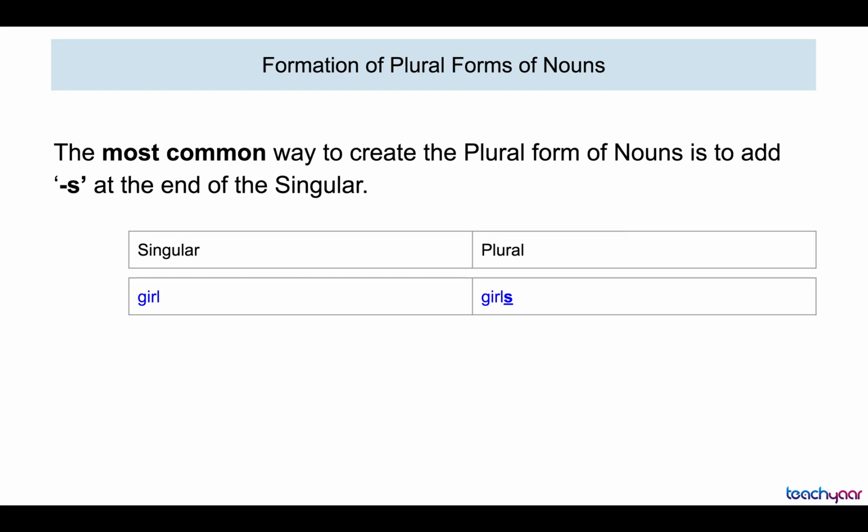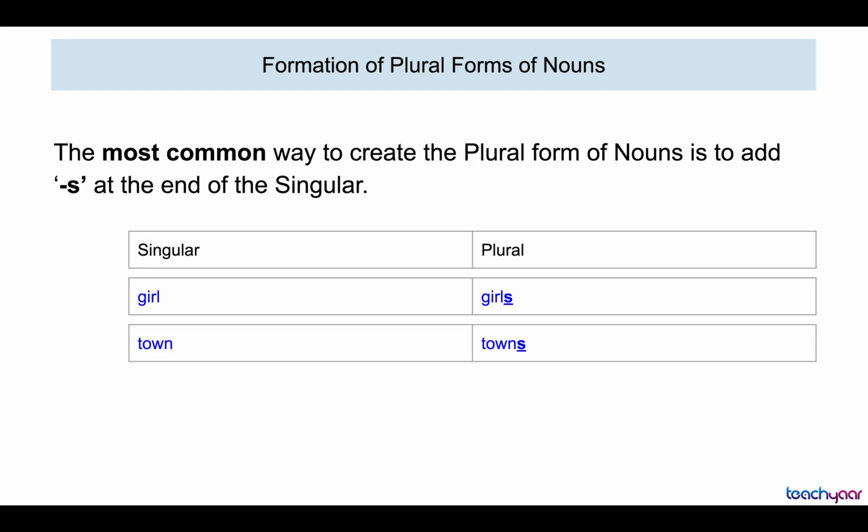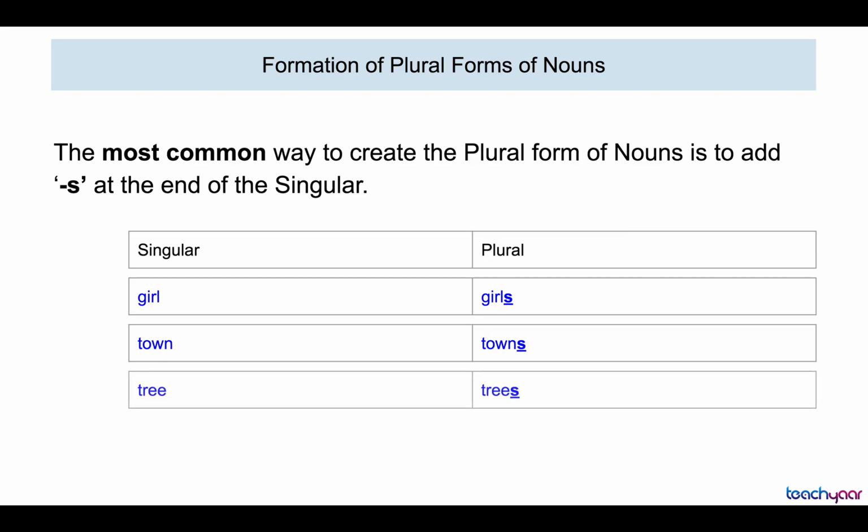Now you just add an s and it becomes plural, girls. Town. You add an s and it becomes towns, which is plural. Tree. You add an s and it becomes trees. So just by adding an s, you can change a noun which is in the singular number to the plural form.